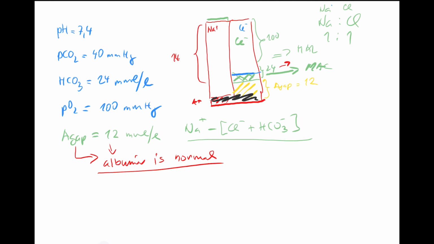So theoretically, with the saline infusion you are adding much more chloride. It's the same situation as over here. You expand the chloride more, and you're going to have metabolic acidosis.